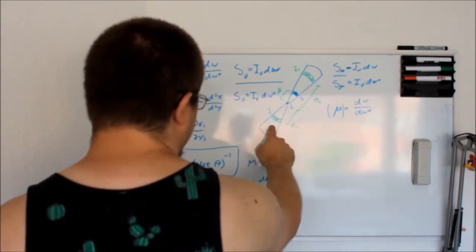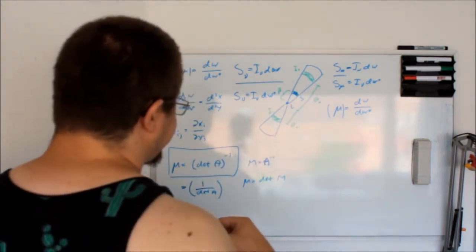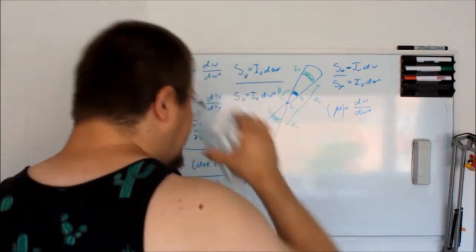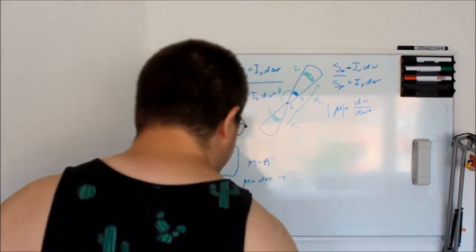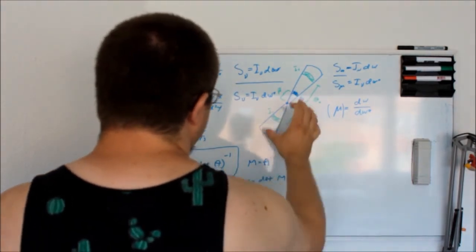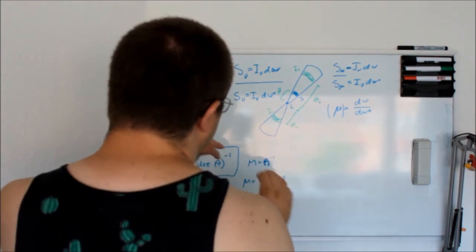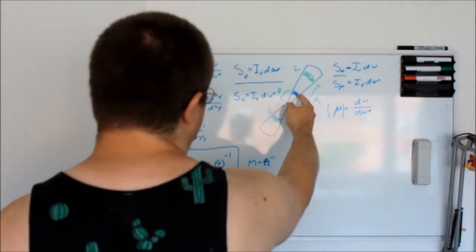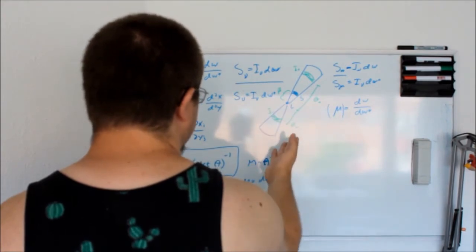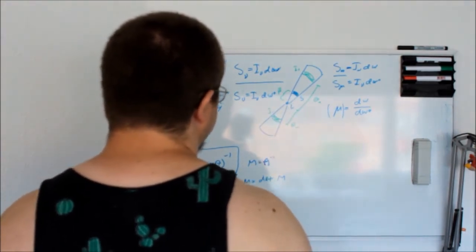Whereas this image down here is magnified so that the shape of the image is opposite to that of the source, and hence it gets a negative parity.